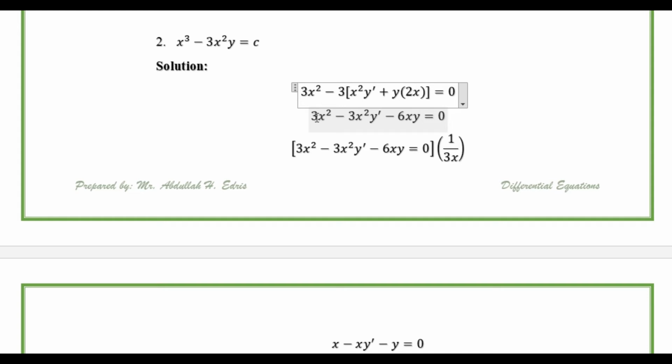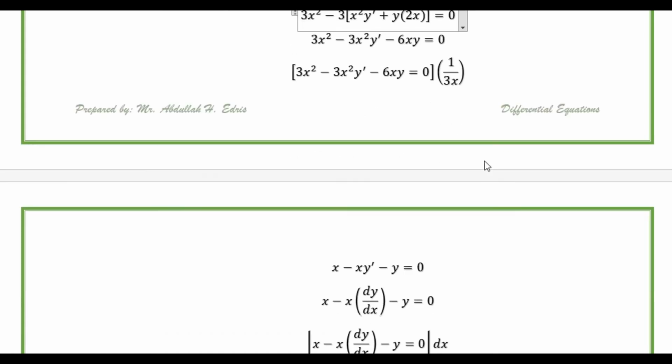Ito divisible by 3x, ito rin divisible by 3x, ito rin divisible by 3x. That's why I multiply both sides of the equation by 1 over 3x. Pag multiply ng 1 over 3x, ang natira na lang dito is itong x.